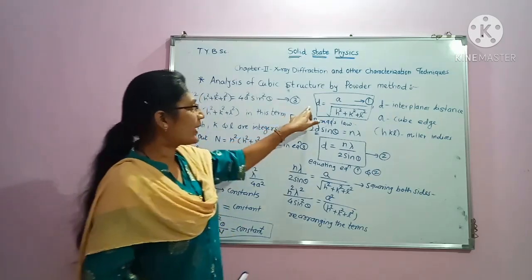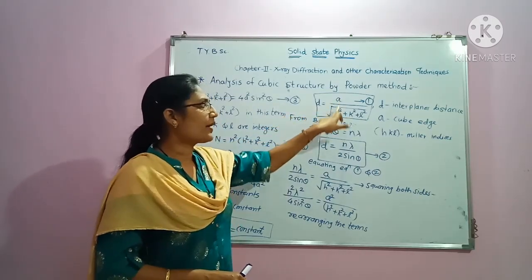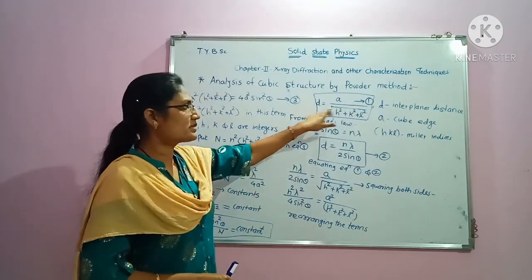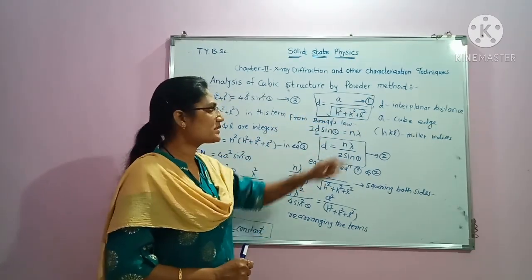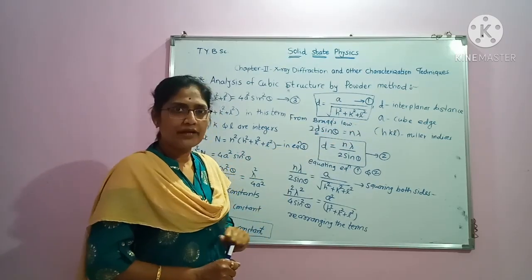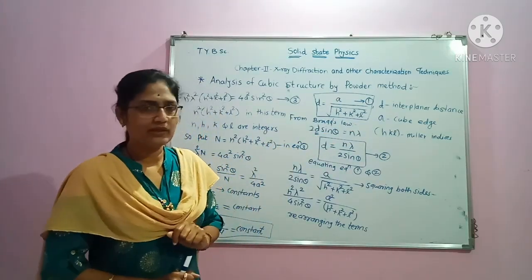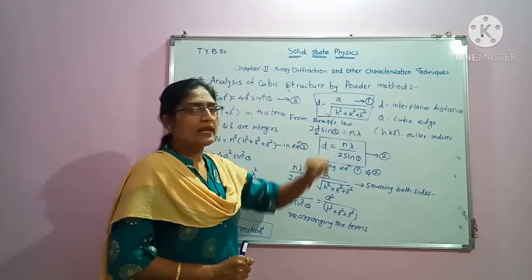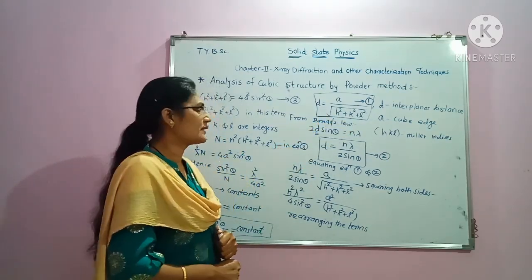Now we know that d is equal to a upon square root of h square plus k square plus l square, where d is the interplanar distance, a is the cube edge because the structure under study is cubic, and h, k, l are the Miller indices.